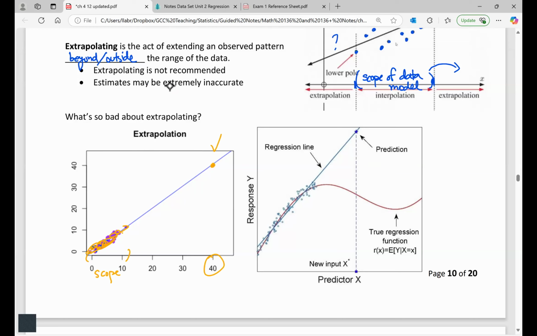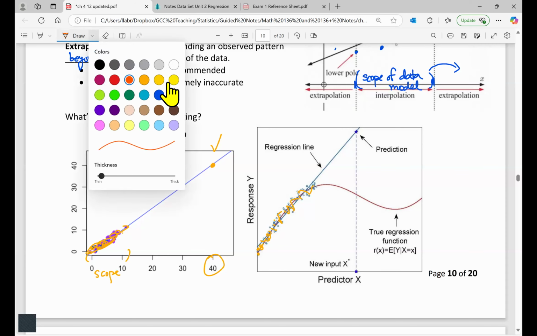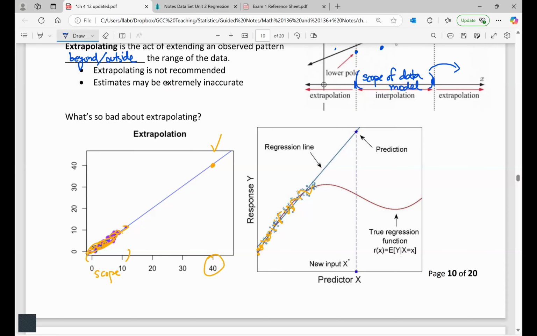But the issue is that most of the time, the sample that you got is really just a small fragment of a larger pattern. So for example, if we have this data here, only based on this data, we're going to create this model. So I'm going to create the regression line, which is given in blue, that goes like this.